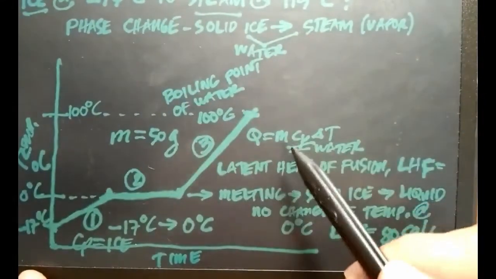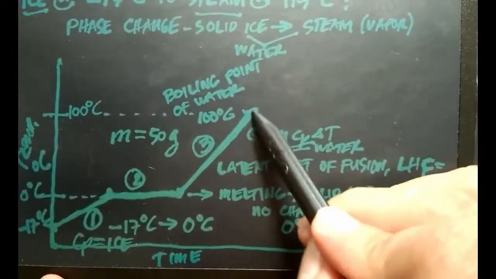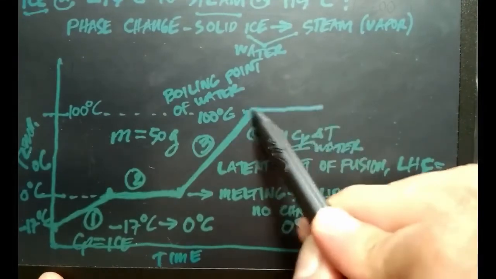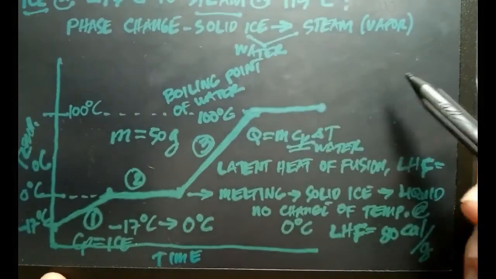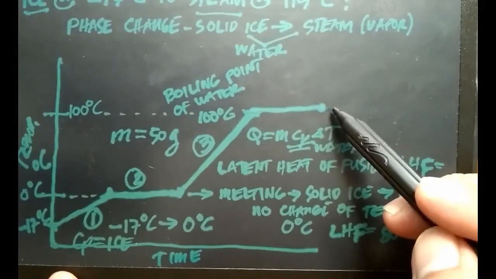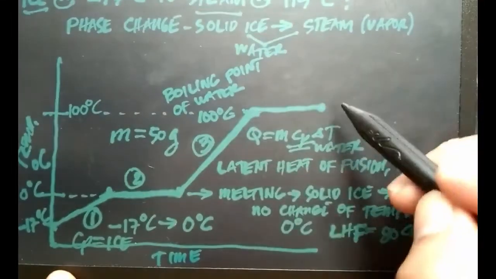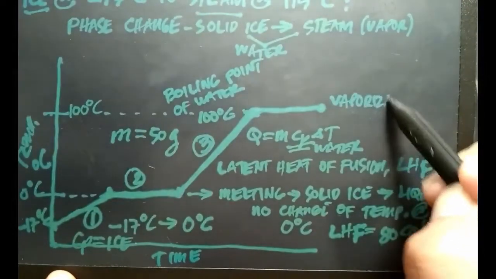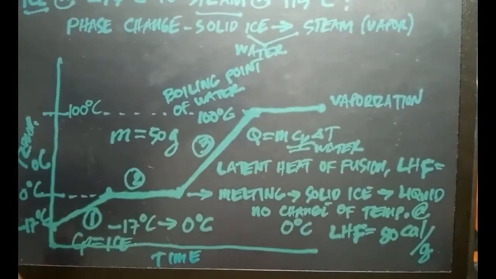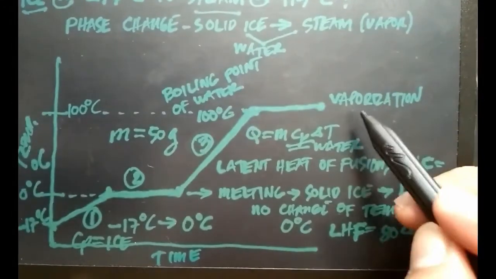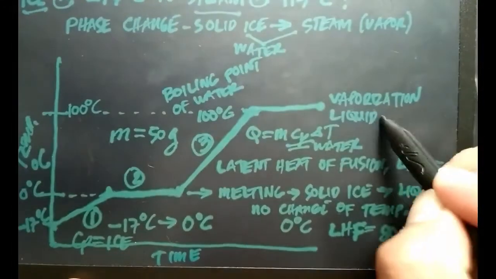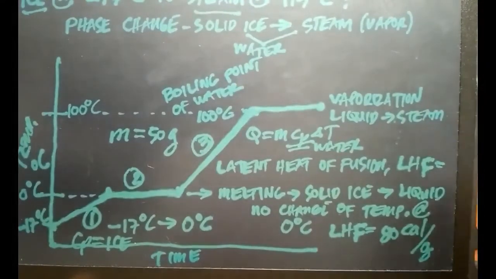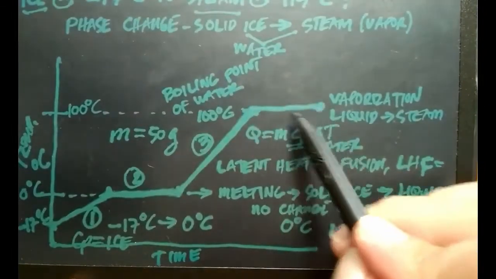We're going to undergo another process. From the boiling point of water, we will change it into steam or vapor at the same temperature, so it is also a straight path without a change of temperature. This process we call vaporization. So again, we have to introduce what we call the latent heat of vaporization.